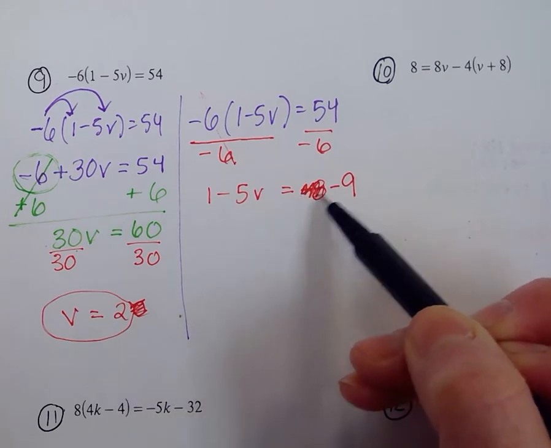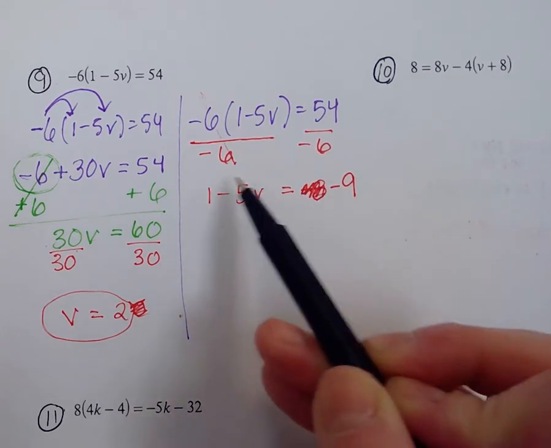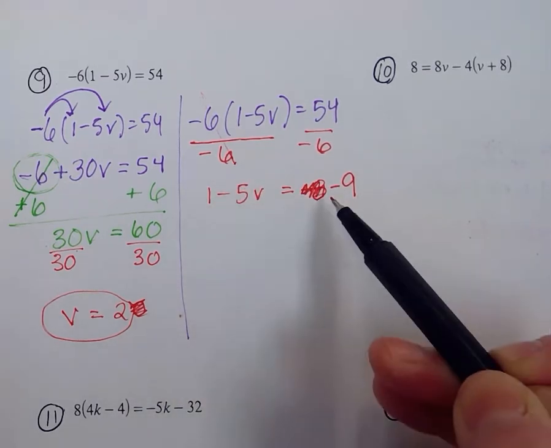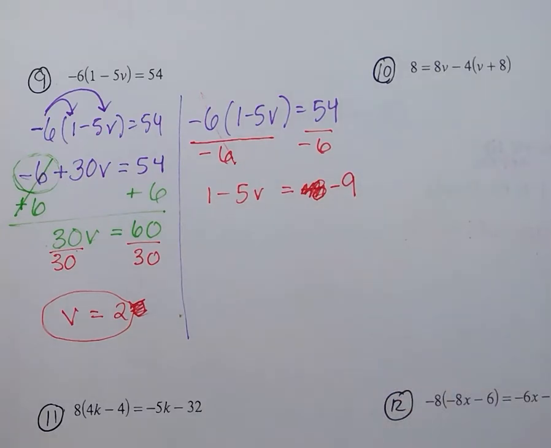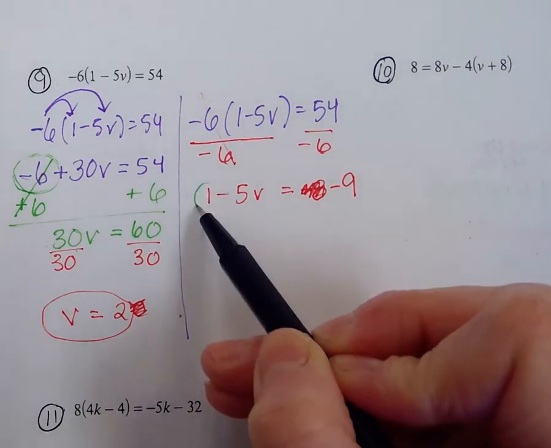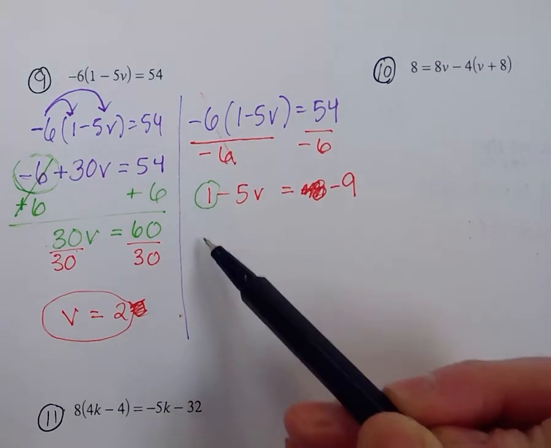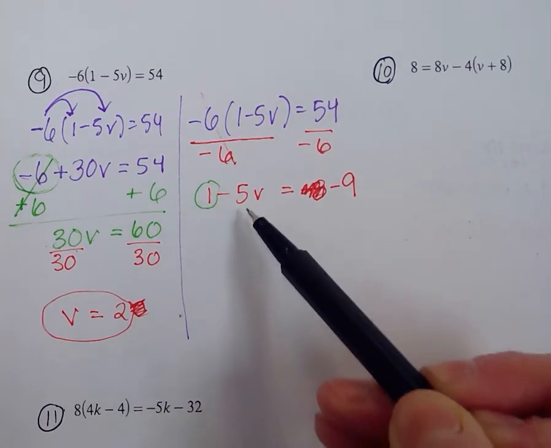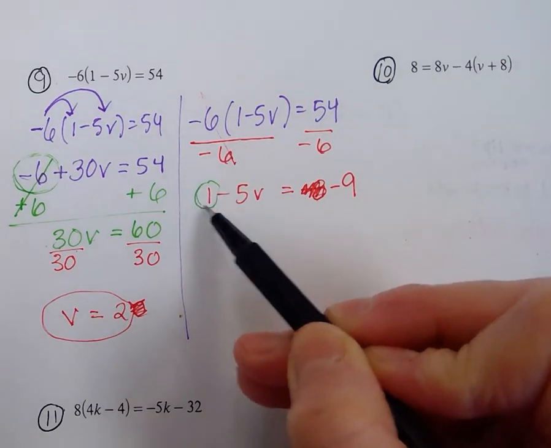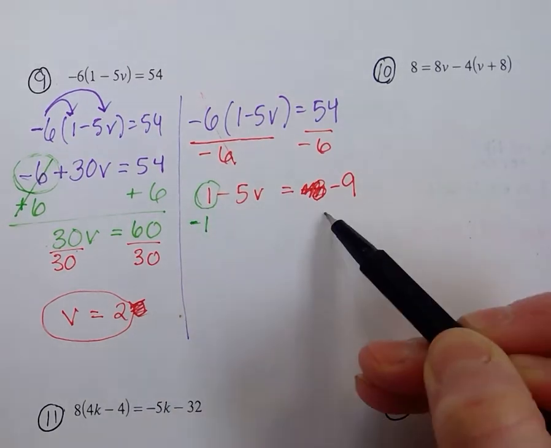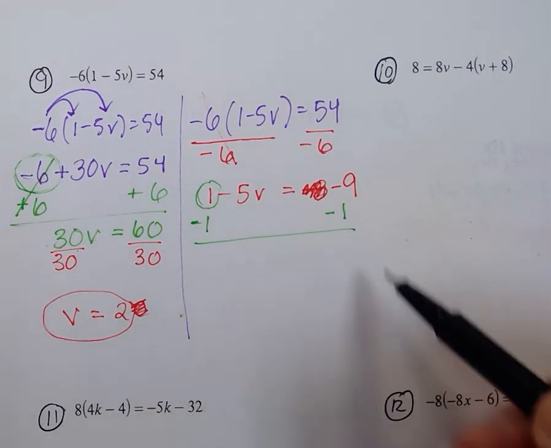So now I have v's and constants on the left and constants on the right. So I'm going to eliminate this +1. So on the left, I have a +1 and I have 5 negative v's. So to eliminate the +1, I'm going to combine it with a -1.